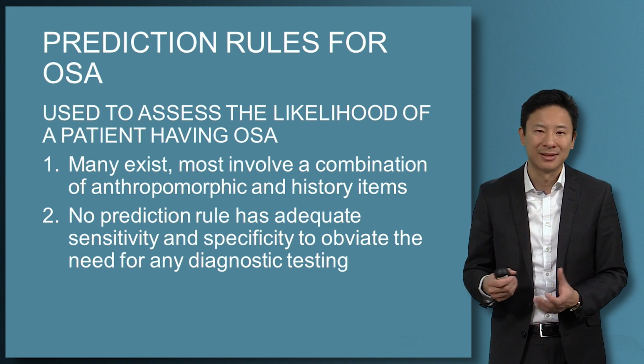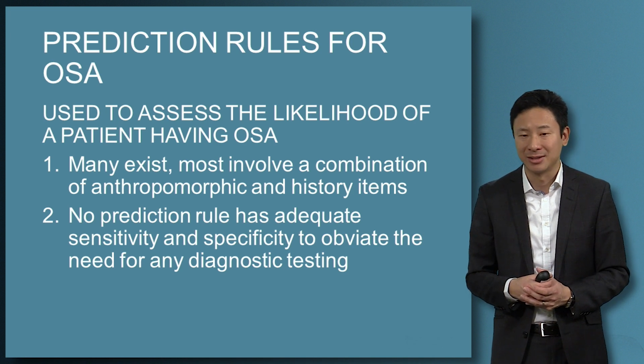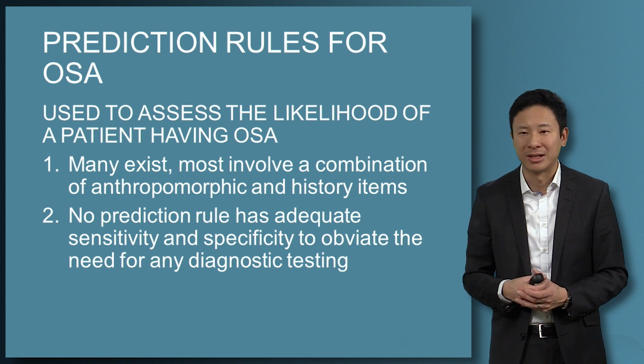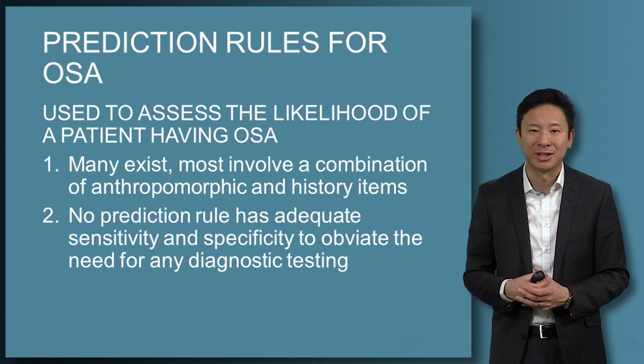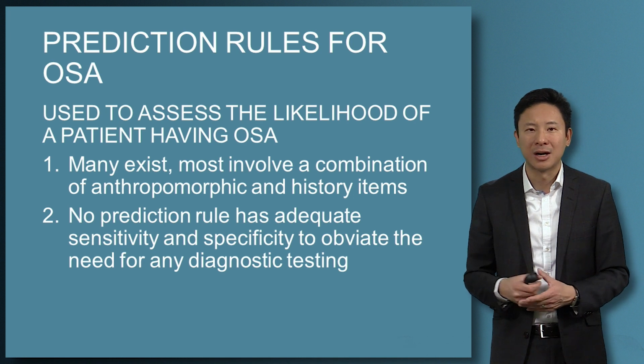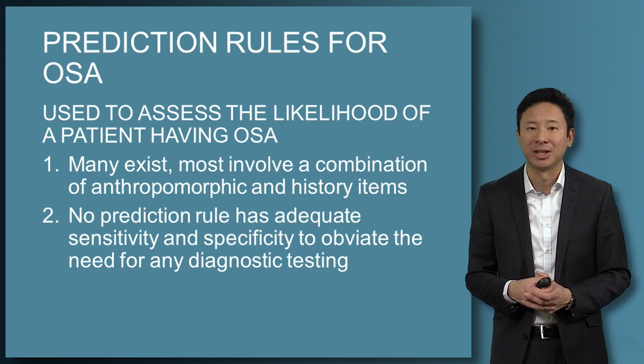As you can imagine, the symptoms of sleep apnea are quite non-specific and quite common, and so it would be helpful to have a prediction rule that allowed us to prioritize who should have a test for this condition. There are actually many prediction rules for determining the likelihood of a patient having obstructive sleep apnea.